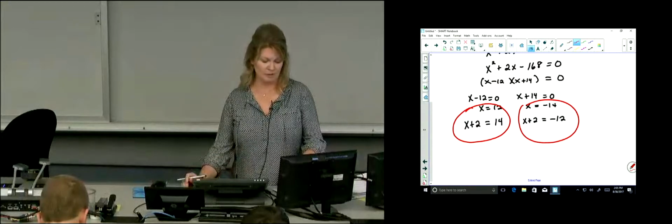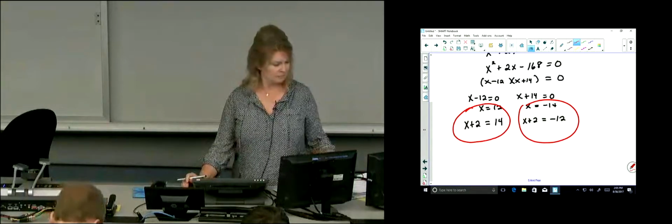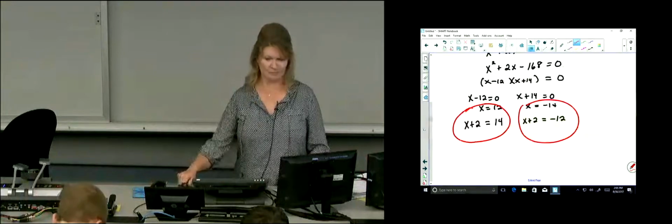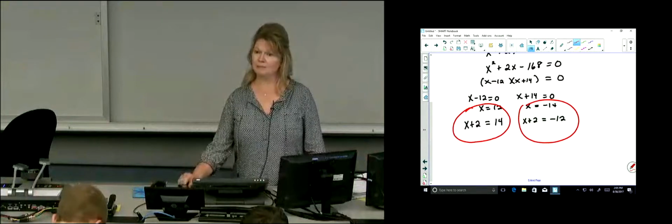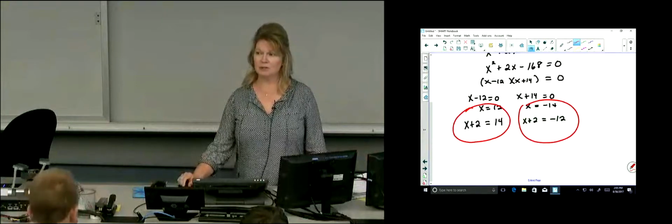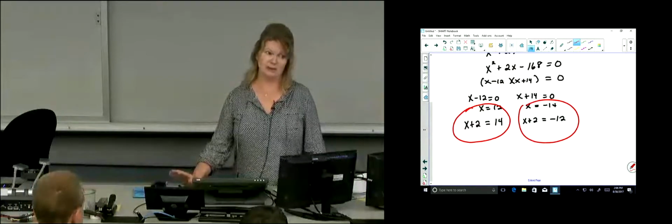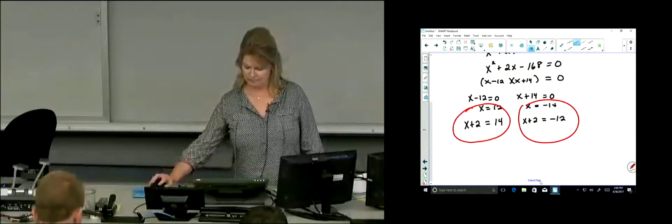So I have 2 options there. Okay, any questions about that? So really that one's to make sure you understood how to represent even integers, consecutive even integers.